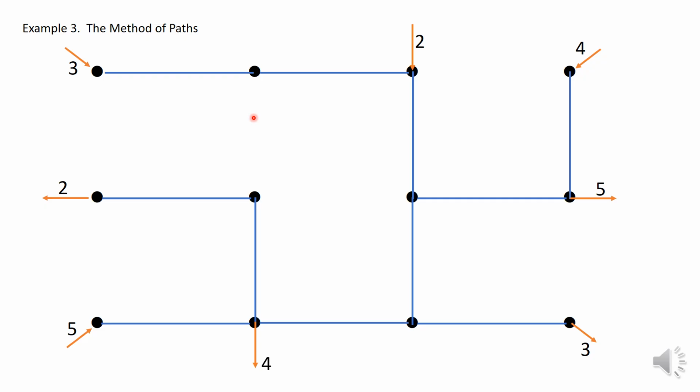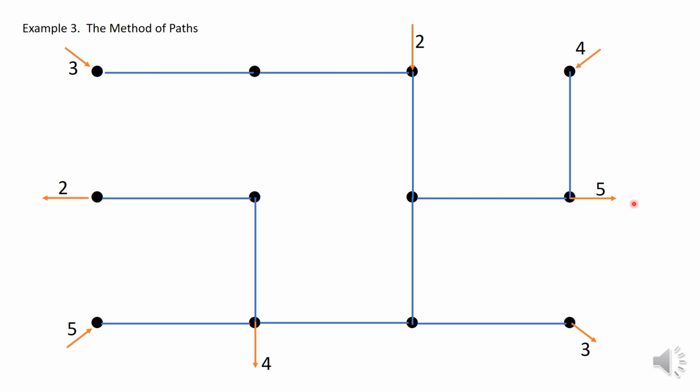But you can also see it's balanced by observing this fact. You have 2 entering here and 2 leaving, 3 entering, 3 leaving, 4 entering, 4 leaving, 5 entering, 5 leaving. And those are all the flows.